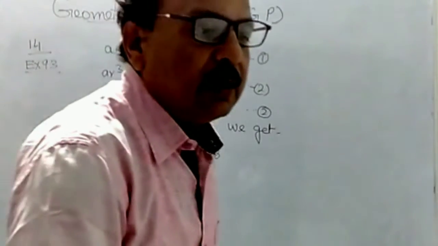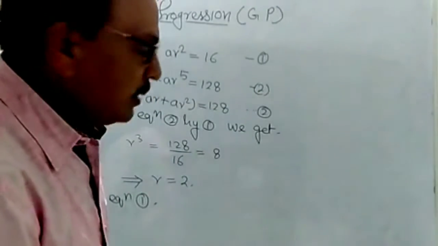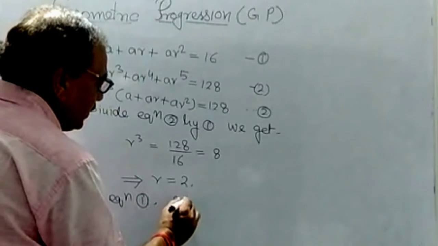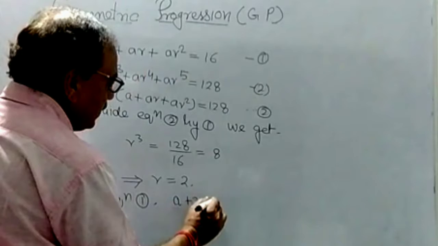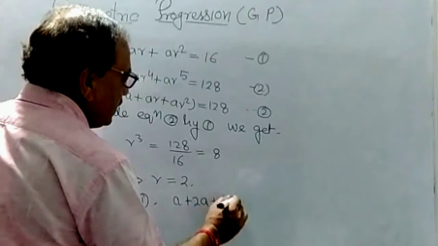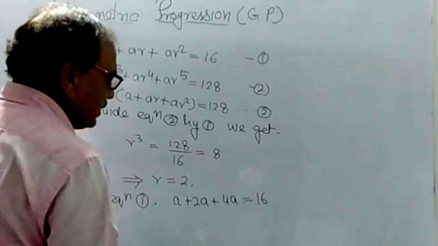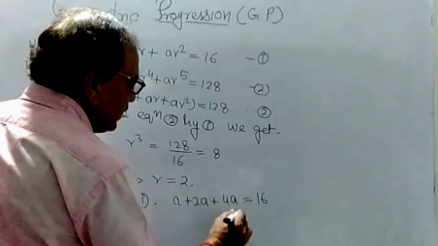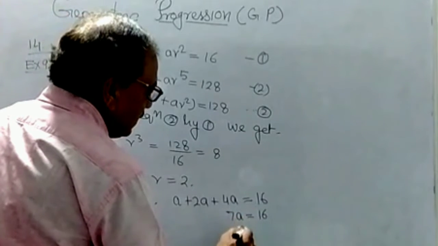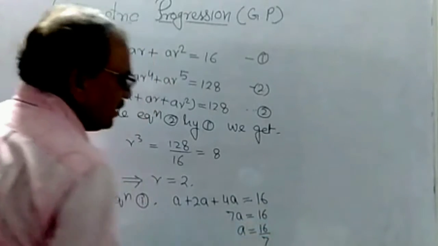So we write A plus 2A plus 4A. This will be equal to 16. That is 7A equal to 16. A equal to 16 by 7.